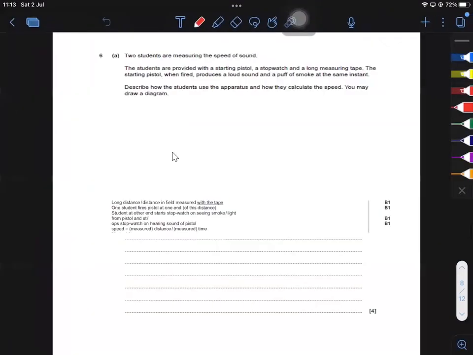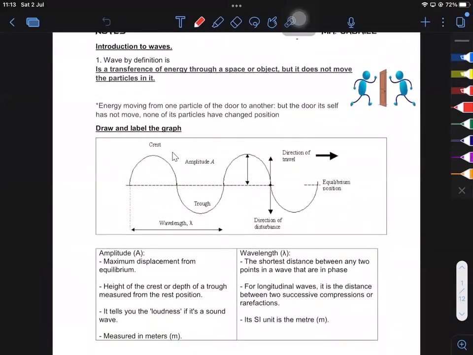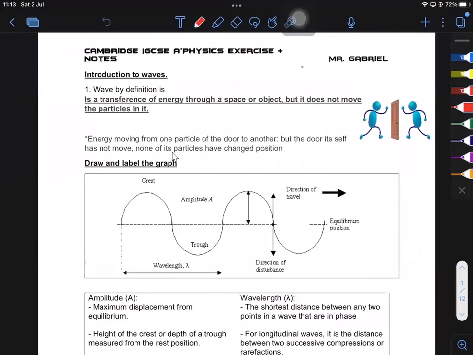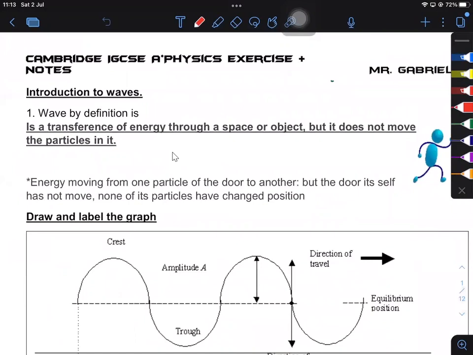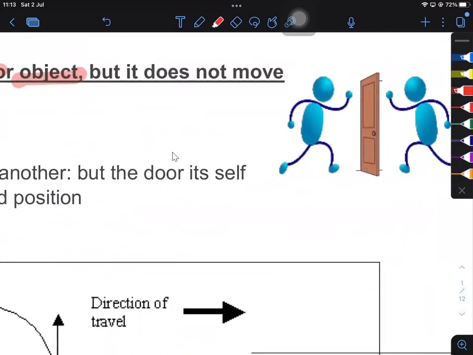Okay, but anyways, if you have no questions, looking at the notes here, guys, let's go through it real quick. You are going to copy very soon, guys. So if you look at the first statement here, a wave by definition is a transference of energy through a space or object, but it does not move the particle. You'll notice that I conveniently put down these two guys here.